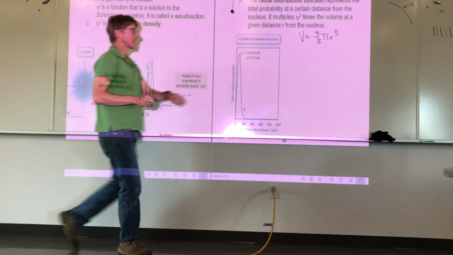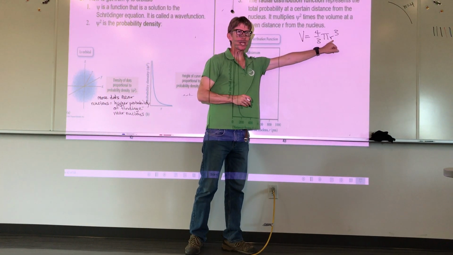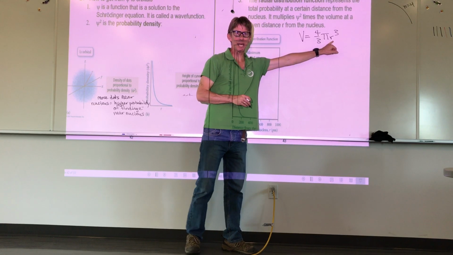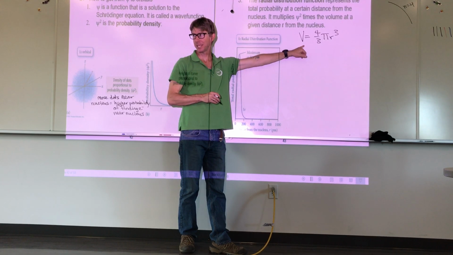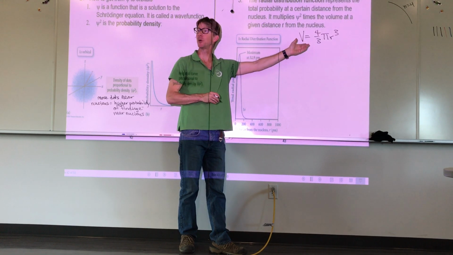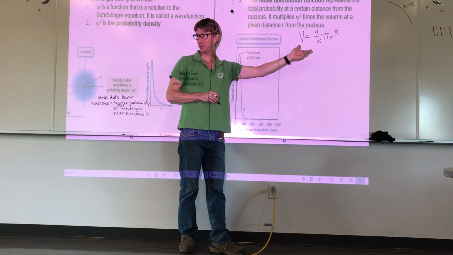But now my question is, as radius approaches 0, what happens to volume? The answer is it goes to 0, right? If I say, what's the volume of a sphere with radius 0, you would say 0, right?